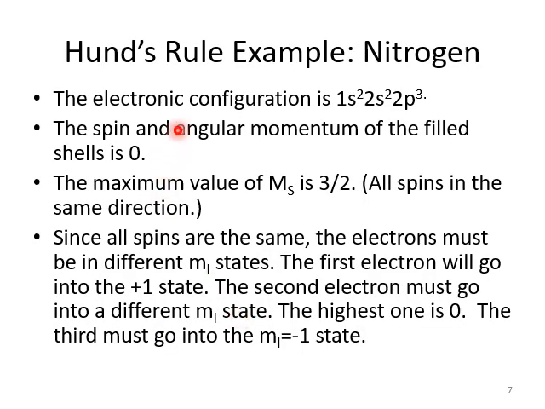So here's an example, because those were just complicated words a moment ago. Let's choose a particular atom, nitrogen. And the electronic configuration then is going to be looking at the principal quantum number. We first fill one, and then we fill the two states, okay?